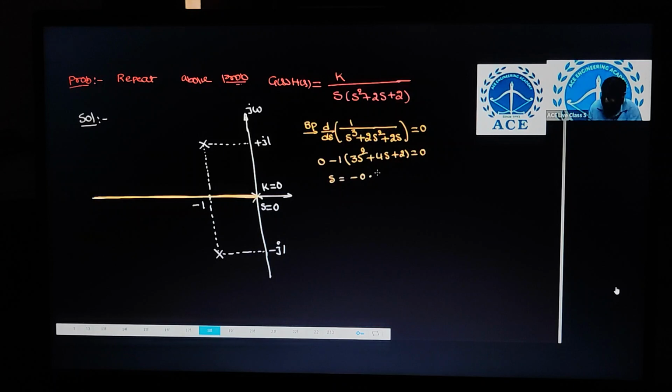Minus 0.6 plus or minus j 0.4 you will get. Is it correct? Check it, all of you. Is it correct? Right. But it is an invalid break point.